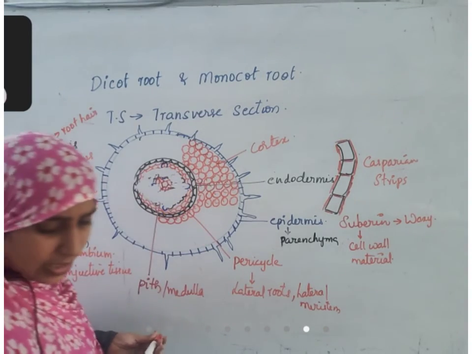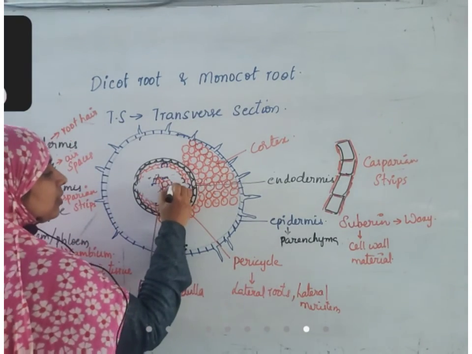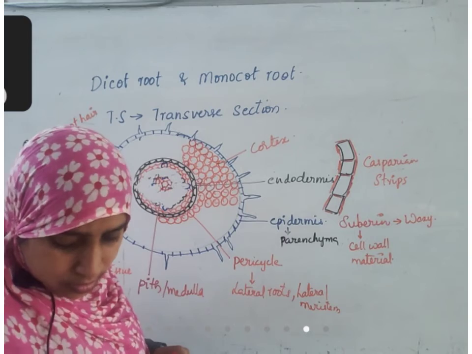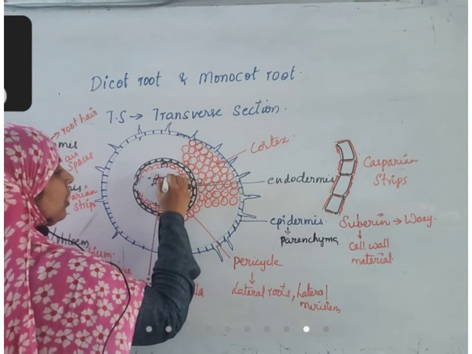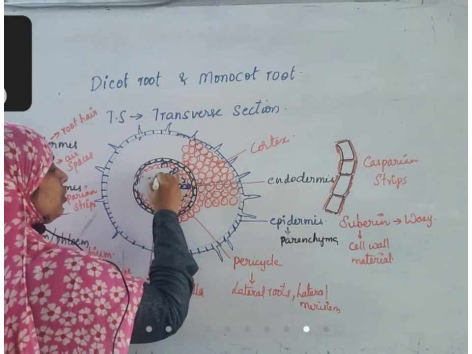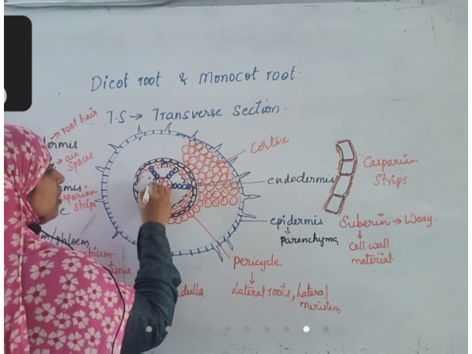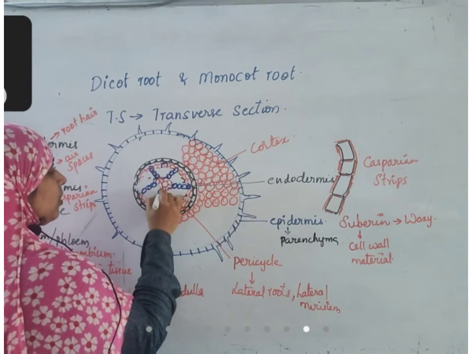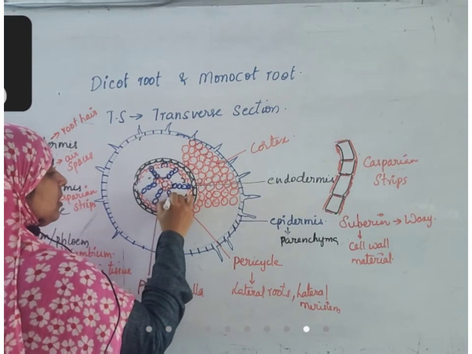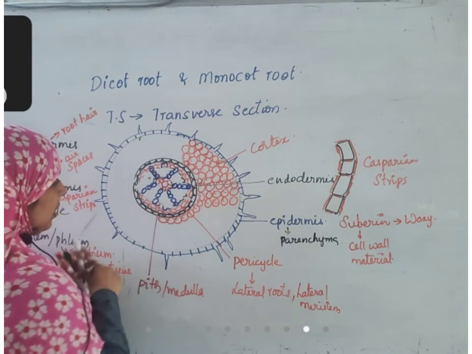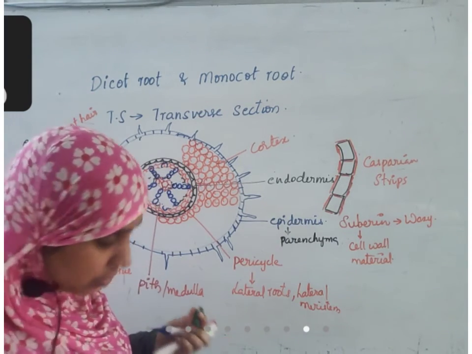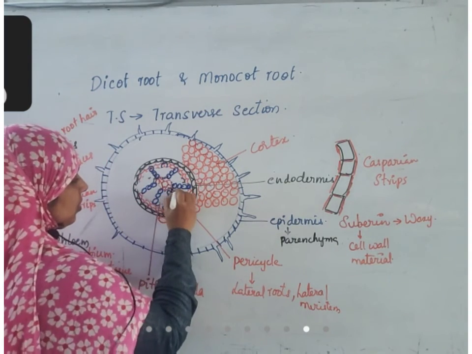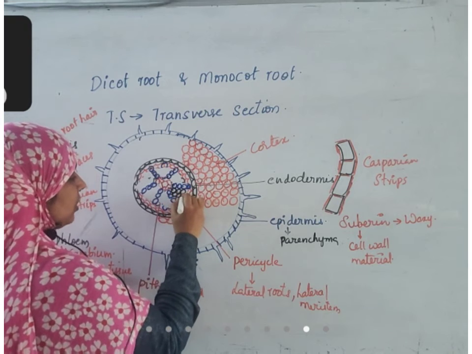How many xylem and phloem are present? One, two, three, 4, 5, 6. Between these, again, xylem is present.